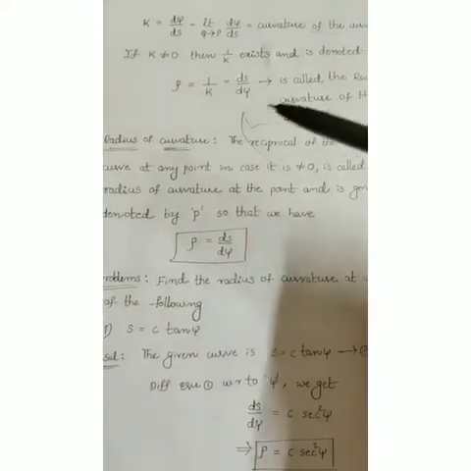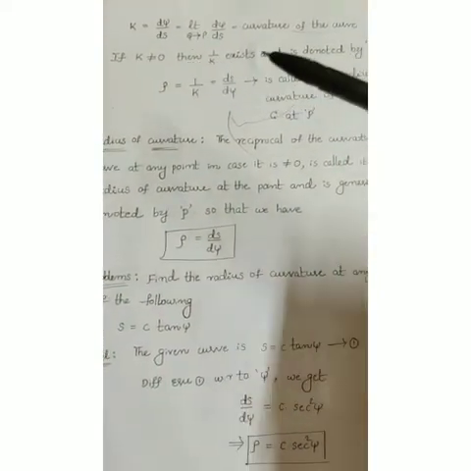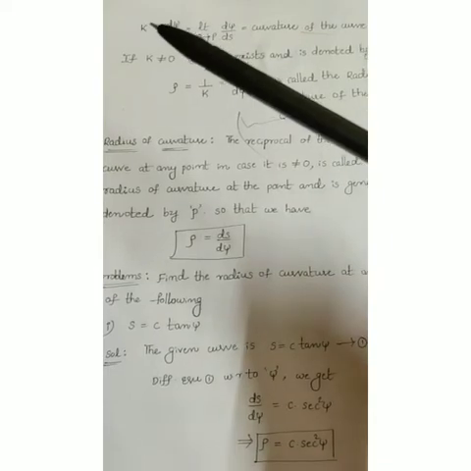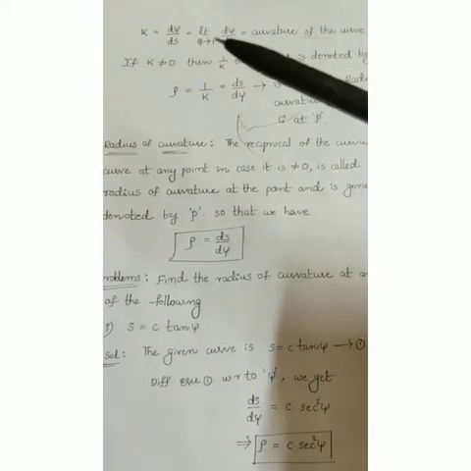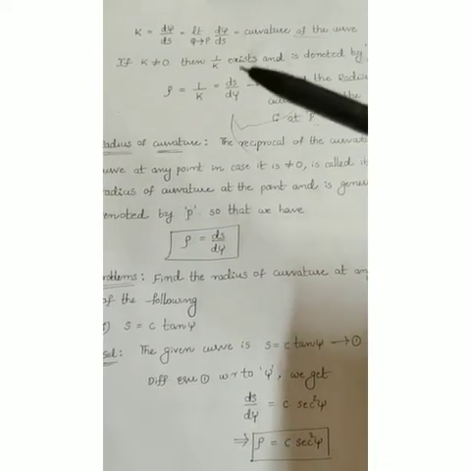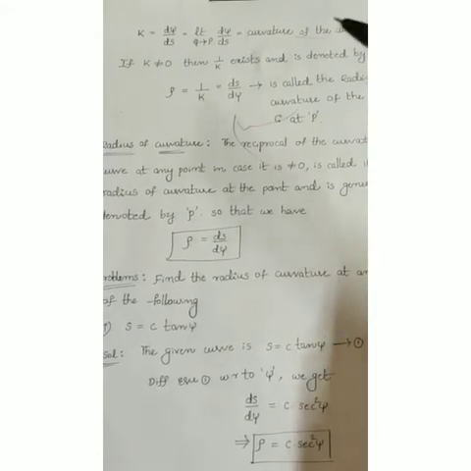Here d psi by ds is the curvature of the curve, denoted by k. So when Q tends to P, d psi by ds is called the curvature of the curve.